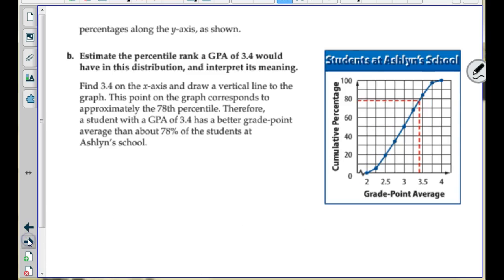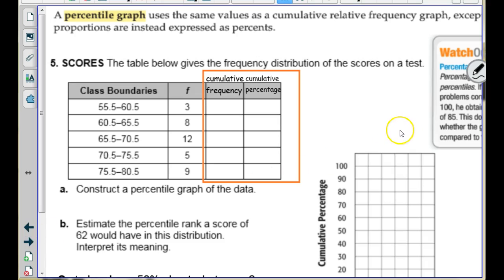We're going to do one quick. Doesn't tell us what these are, does it even? Okay. Well, whatever they are. Between 55 and 60, we had 3 people, so the cumulative frequency is just 3. Between 60 and 65.5, we had 8 people, so we're up to 11 now.